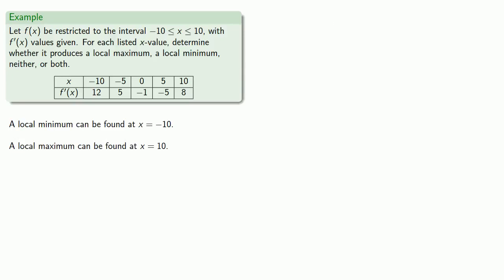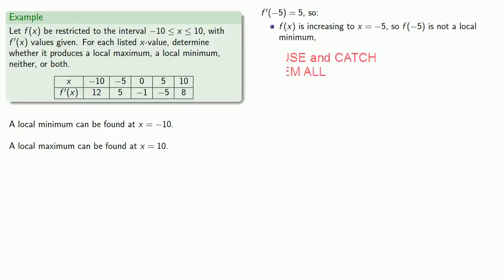How about at negative 5? Our derivative at negative 5 is 5, and so we know f of x is increasing until we hit negative 5, which means that f of negative 5 can't be a local minimum. We also know f of x is increasing from x equals negative 5, so that means f of minus 5 is not a local maximum.